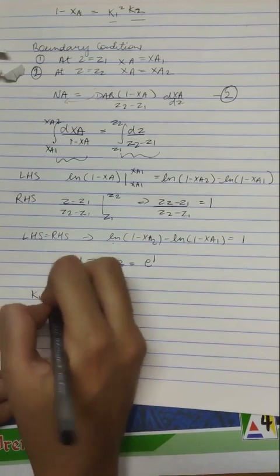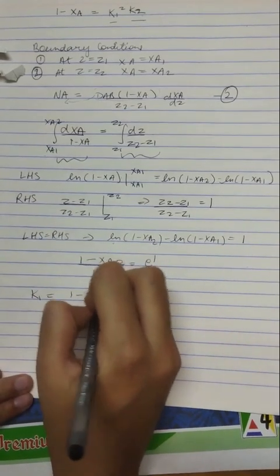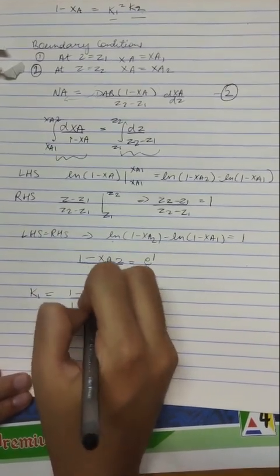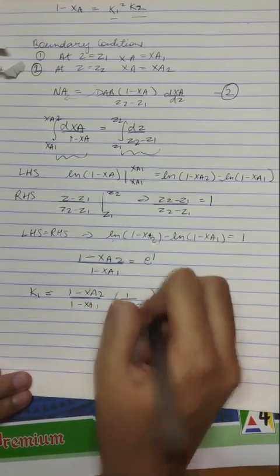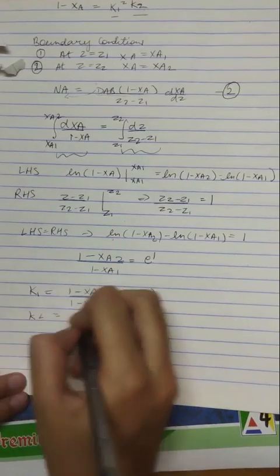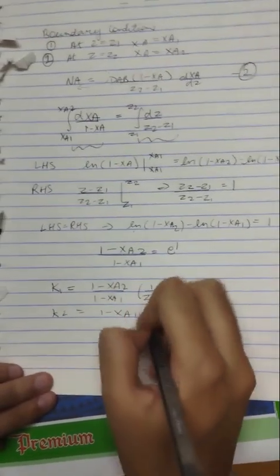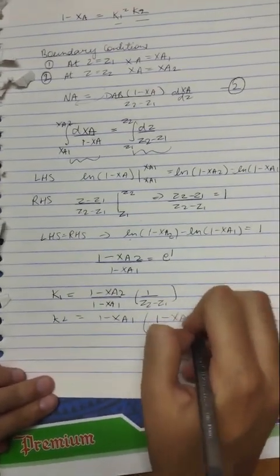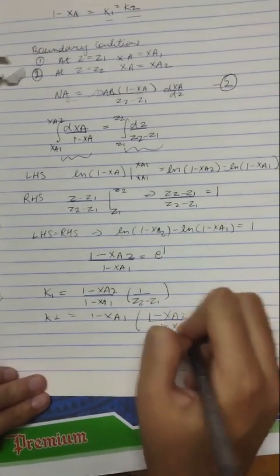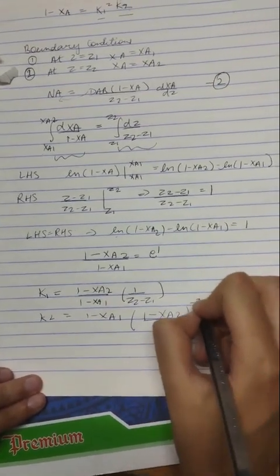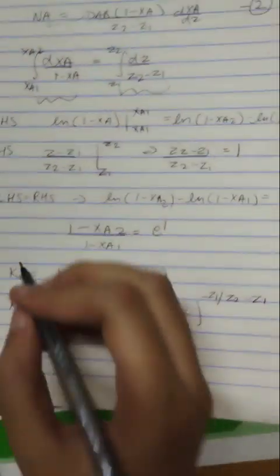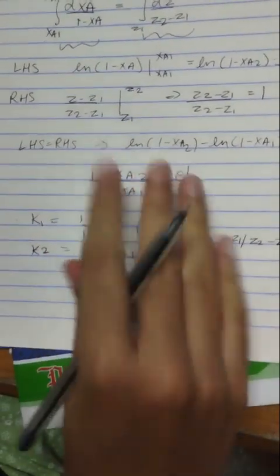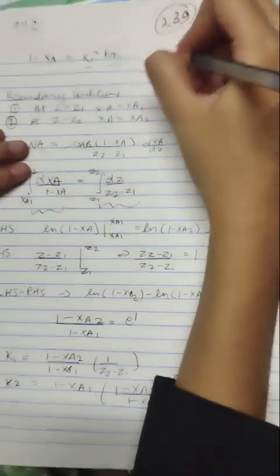So we get our K1 as (1 minus Xa2) upon (1 minus Xa1) to the power 1 by Z2 minus Z1, and we will get our K2 as (1 minus Xa2) upon (1 minus Xa1) to the power minus Z1 by Z2 minus Z1. So we get the values of K1 and K2, and this would be our equation number 3.